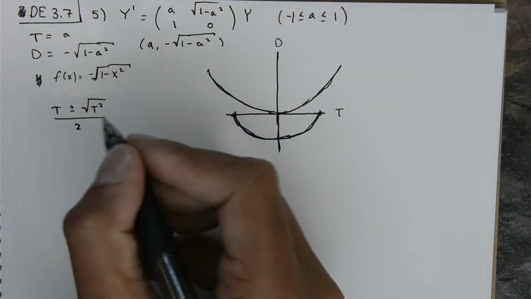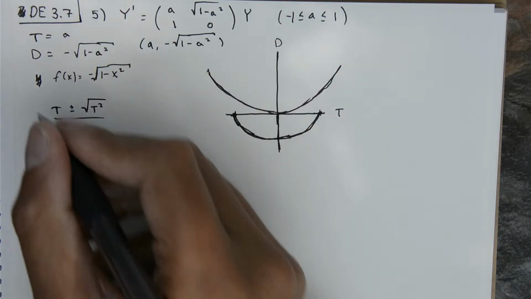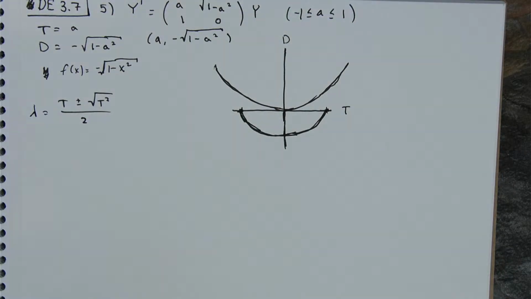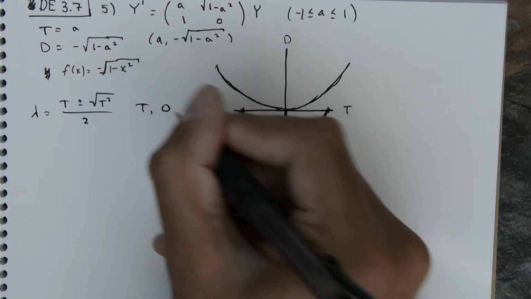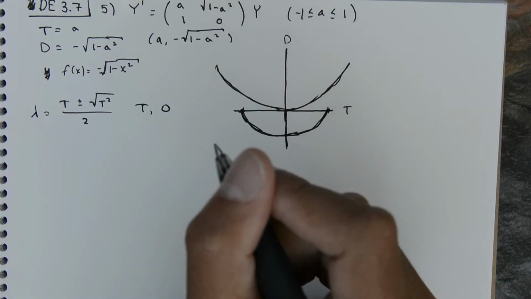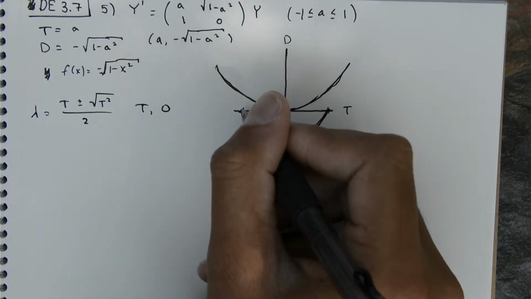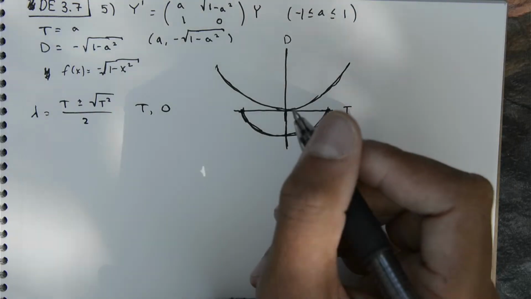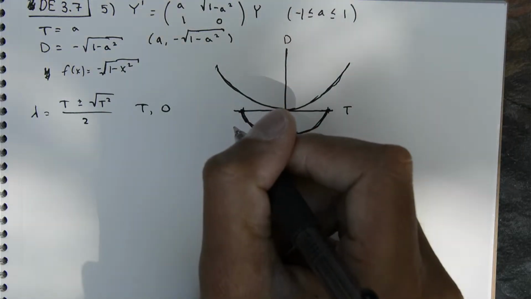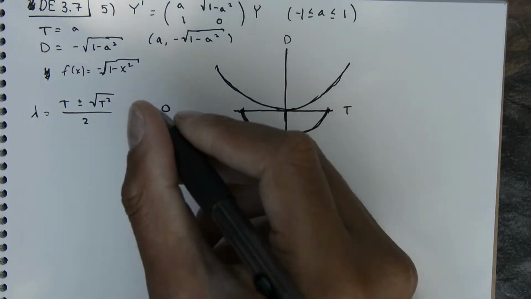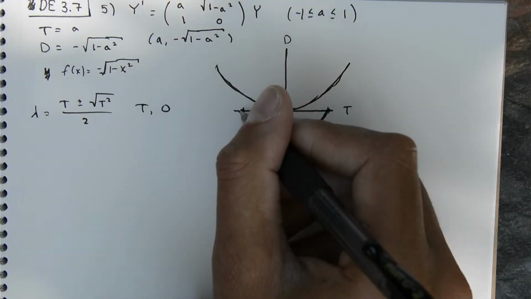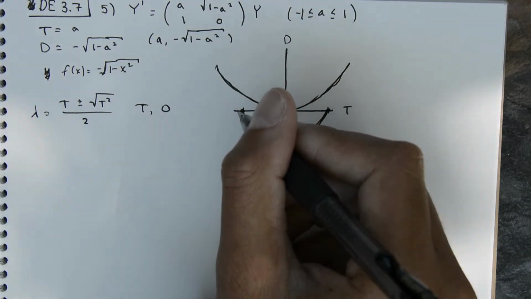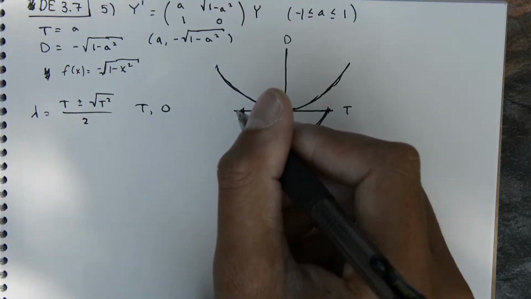So these are the eigenvalues. These are lambda. So we're going to get t and 0. So we're going to go from having, what is t going to be? a is minus 1 here, right? So t is negative.